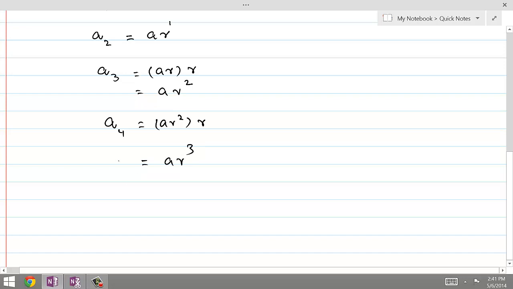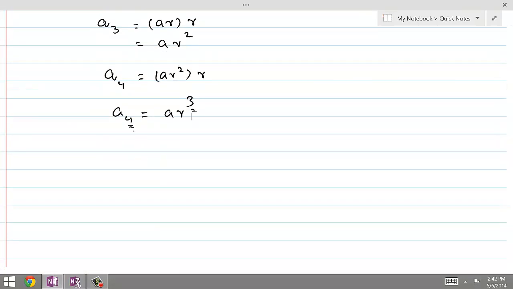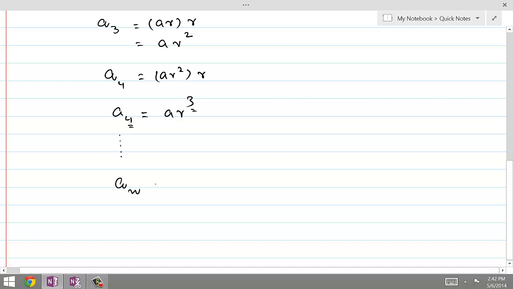And if we take a look at this pattern, whenever there is a 4 here, the exponent is 1 less than the subscript on the left hand side. So for the fourth term, the power of R is 3. For the third term, the power of R is 2. For the second term, the power of R is 1. And if we continue this pattern, we will have AN equal to A R to the power 1 less than N, and that would be N minus 1.